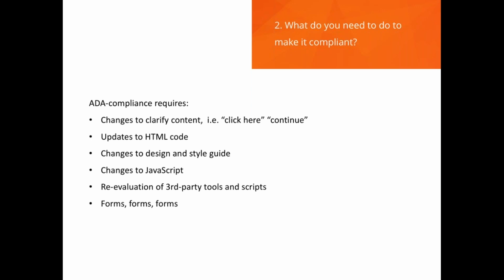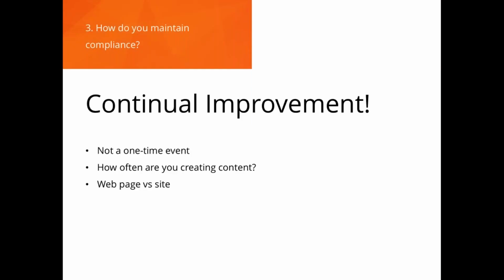And then after you've got everything all done, let's say you magically were able to get your website all compliant tomorrow. The next day, the day after, you may be out of compliance. How does that work? So you got your website compliant.